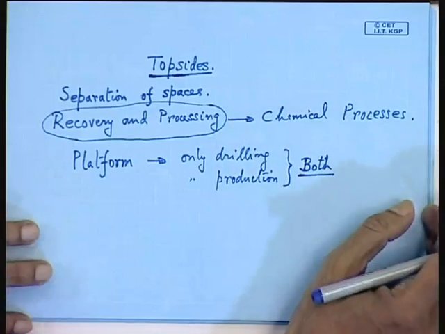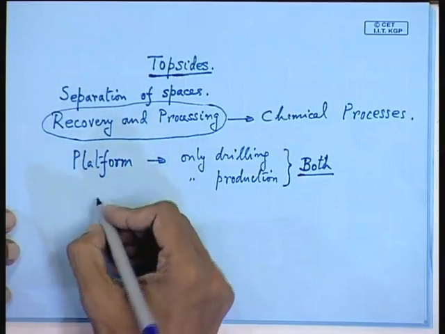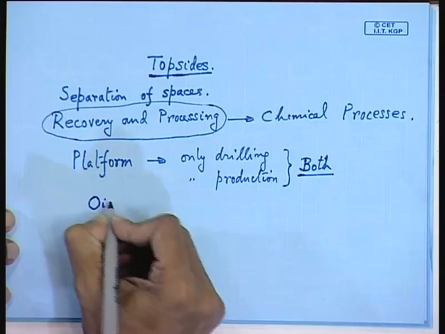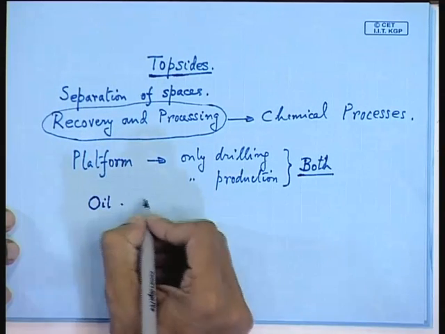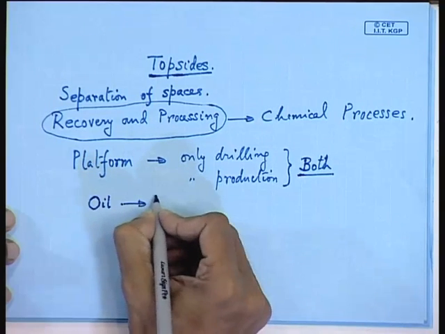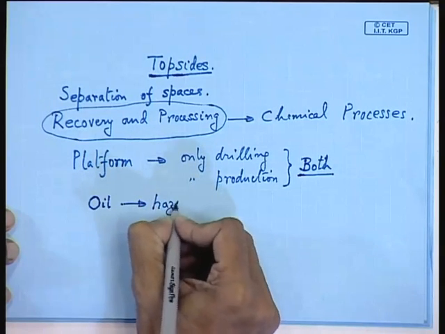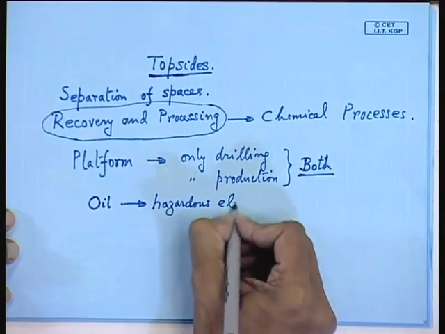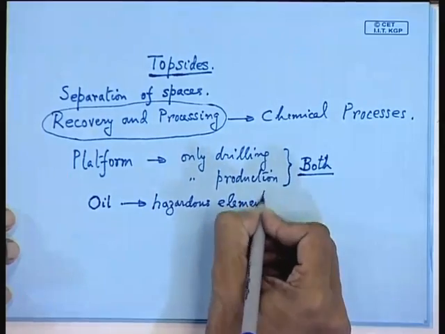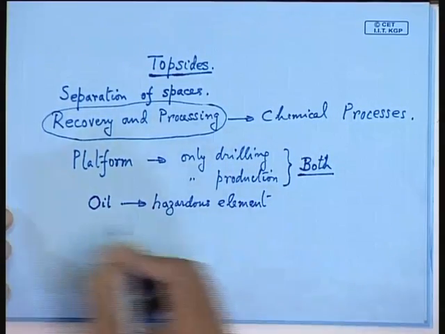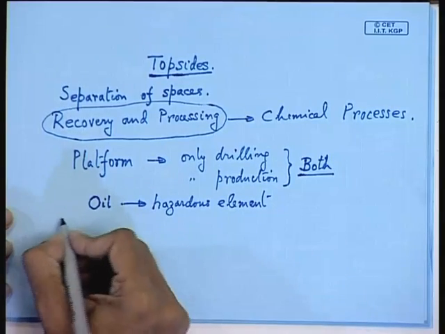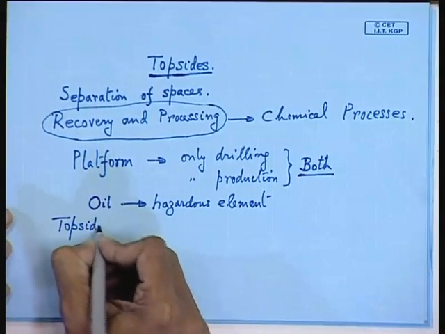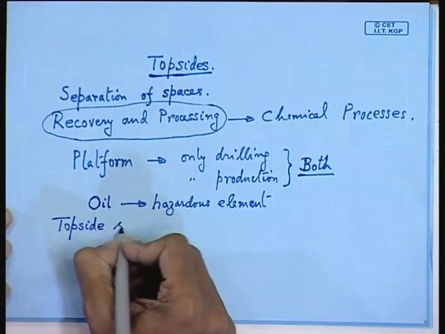Now, the other point that is to be remembered is this oil, you are playing with oil. So, this is a hazardous element, it is likely to catch fire. So, that means in your topside layout you have to separate topside spaces.